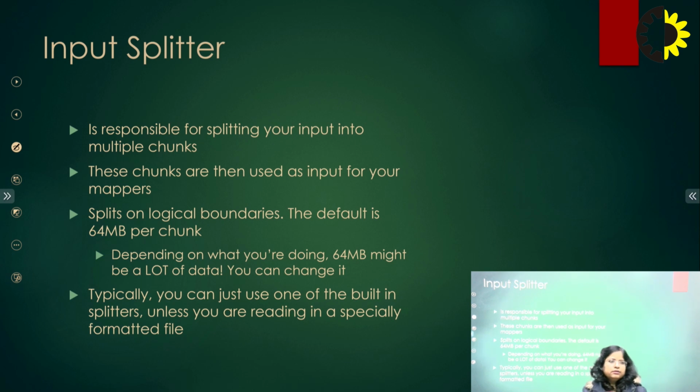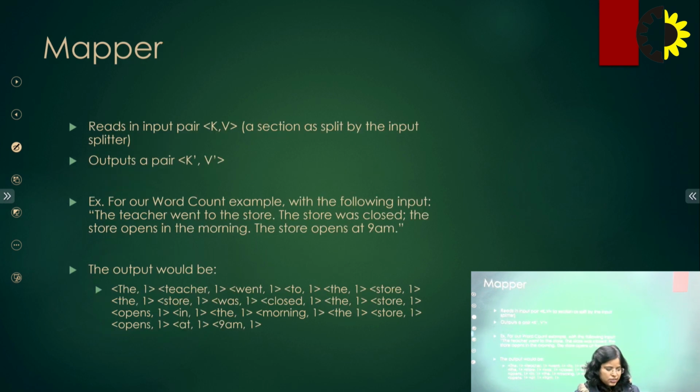Typically you can just use one of the built-in splitters unless you are reading a specially formatted file. You can have multiple splitters or a single splitter depending on your need.